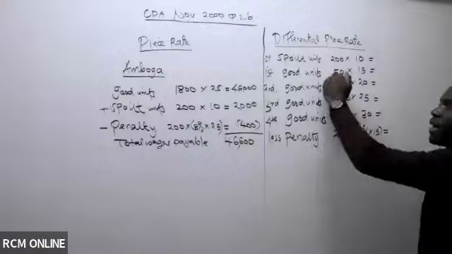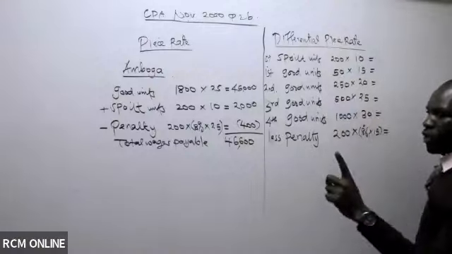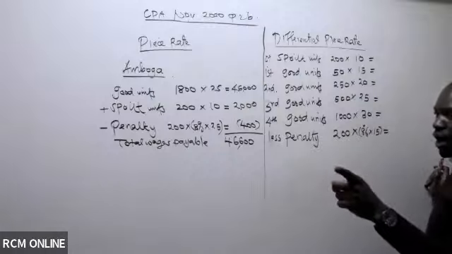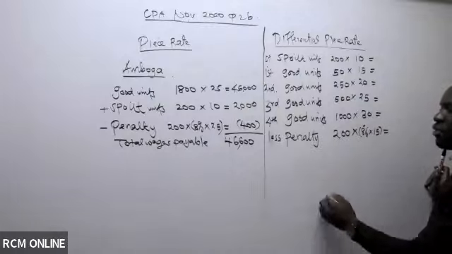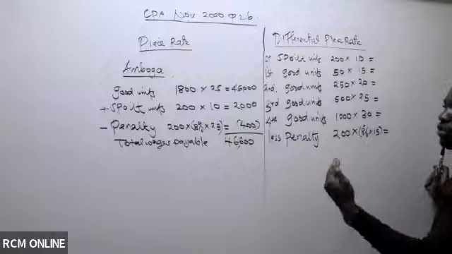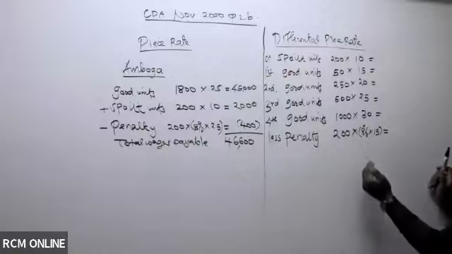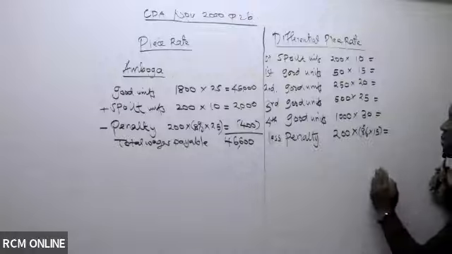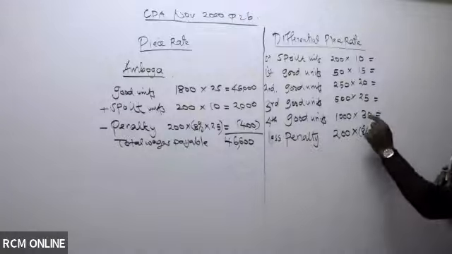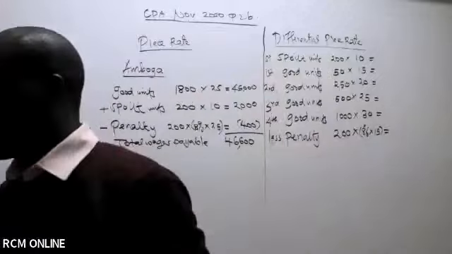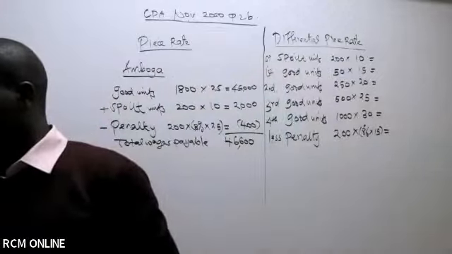Then anything above that will be paid 30 shillings. So if you take 30 multiplied by 2,000, it will be wrong. Why? Because inside this 2,000, we must divide these goods into batches. The first batch of 250, the next batch of 250, the next batch of 500, and anything above that range will be paid at 30 shillings. Is your question taken care of, Janet?